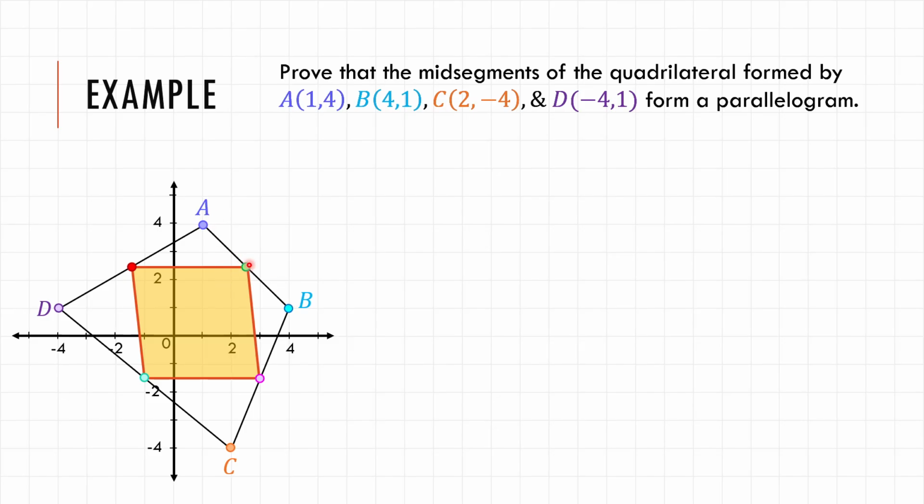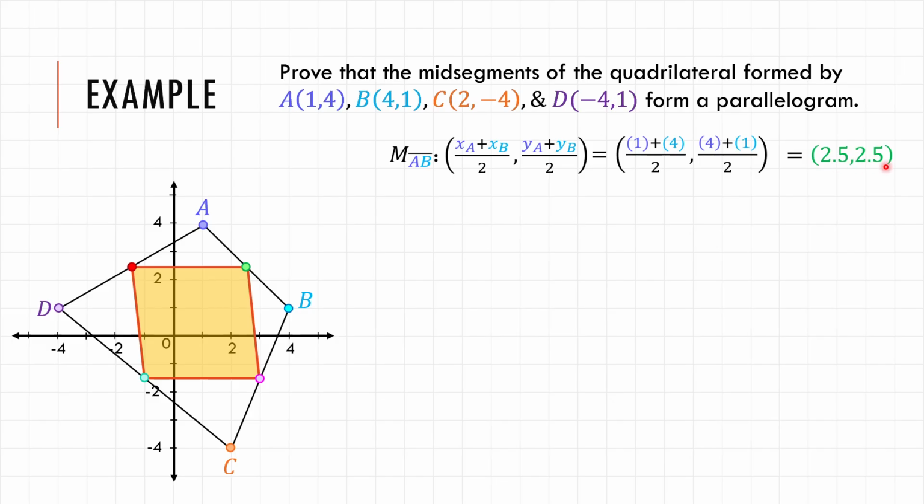First, let's find the exact coordinates of this midpoint right here between A and B. To do that, I can just average the x values and average the y values between A and B. Plugging those into the formula, I find that the coordinates are 2.5 and 2.5.